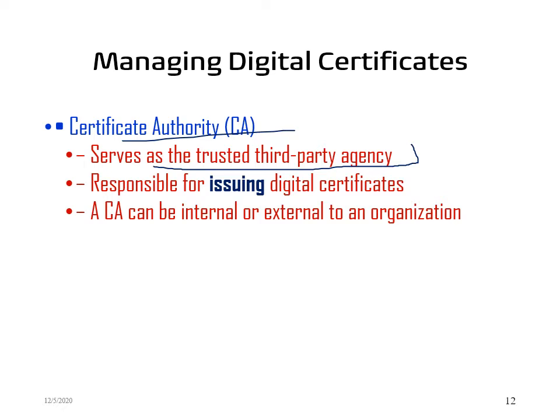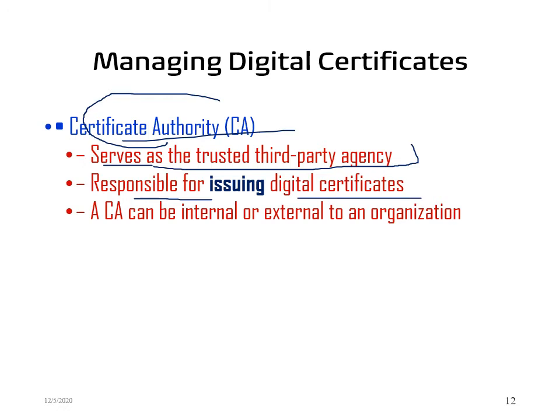So I couldn't deny something that I have conveyed earlier. That is the third party agency here. So the certificate authority, the C in our scenario, serves as a trusted third party agency. It is responsible for issuing the digital certificates.